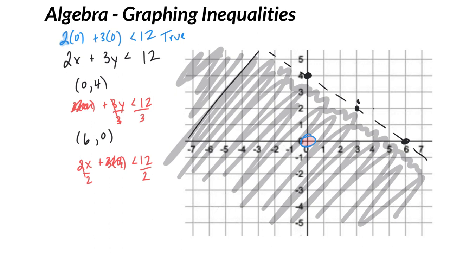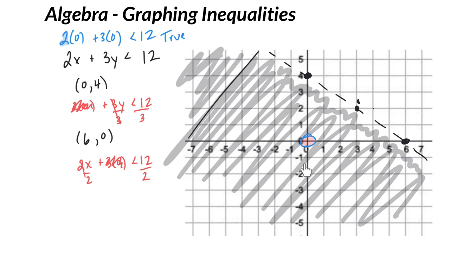And just to mention, maybe with an example of what I'm talking about here, if I were to think about this point on the line, this first point I got, 0, 4, 2 times 0 plus 3 times 4, that's 12. 12 isn't less than 12. So that's why we'd use a dashed line, because the points on the line don't make true statements. But if it were equal to, well, then 12 is less than or equal to 12, and that's why it's a solid line. After you do the line, go back to the inequality, make a judgment about shading.